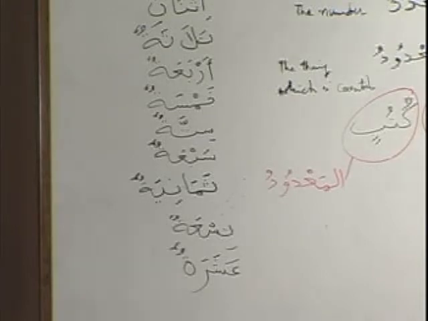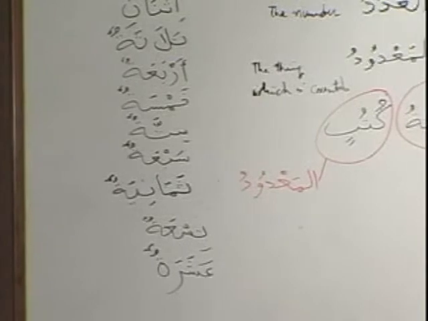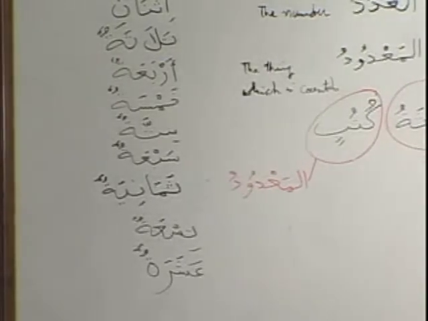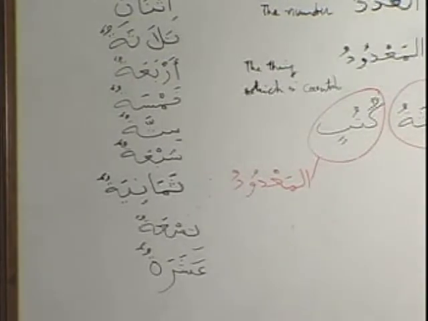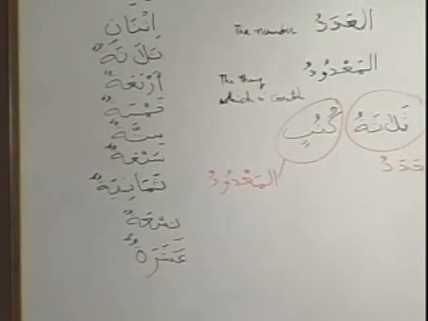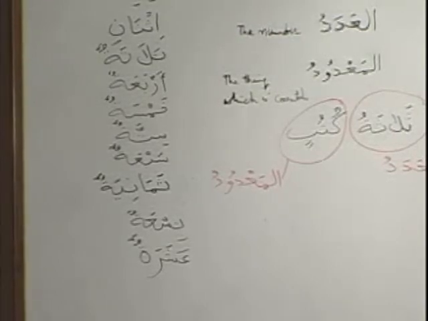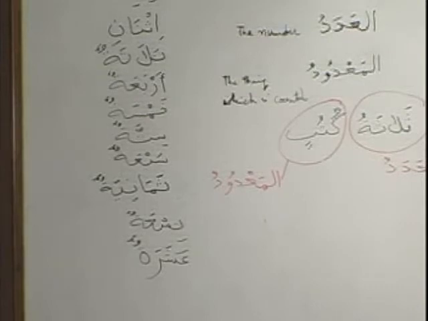Okay. Now let us count pens. Now you got to understand one thing, brother. When you write salasatun, it's on its own. That is why we said salasatun. But when it comes to mudaf, it becomes salasatu. You know that, tanween cannot come on mudaf.